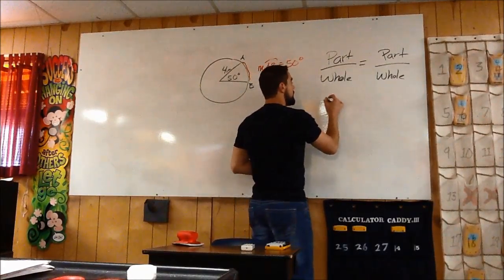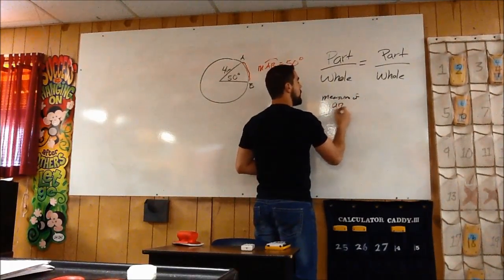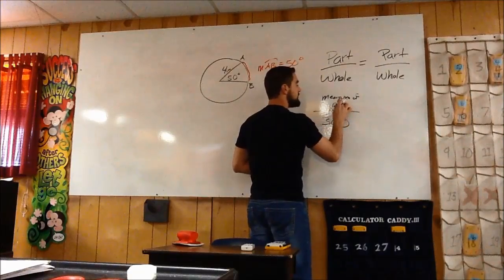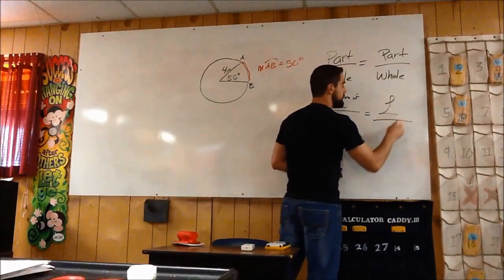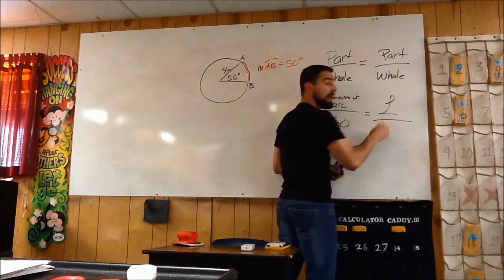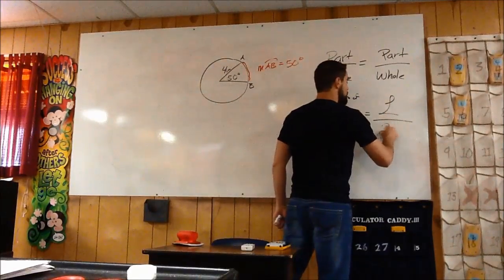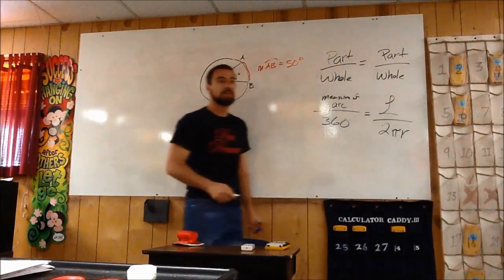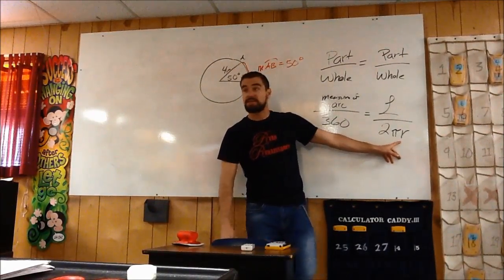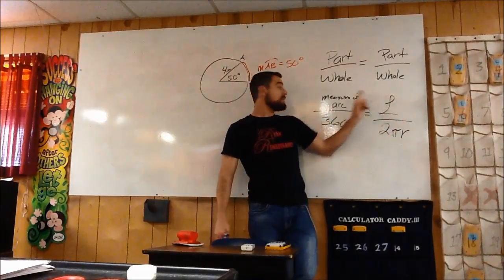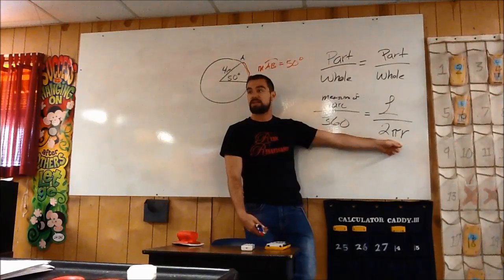So we did the measure of the arc out of the 360 degrees, and we used the capital cursive L over the circumference. If you want to write C there, you're more than welcome to, or you can just remember that circumference is 2 pi r, because sometimes you're going to be searching for the radius. You're going to know the arc length and the measure of the arc, and they're going to ask you what's the radius of this circle.